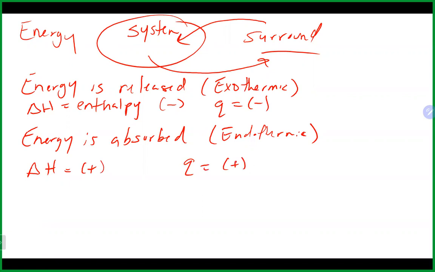So if you calculate delta H, or are given a delta H for a particular reaction, and it is a positive number, it would be an endothermic process. If you're given or calculate Q and it is a positive number, that means it is absorbing energy. Any questions on any of that there?